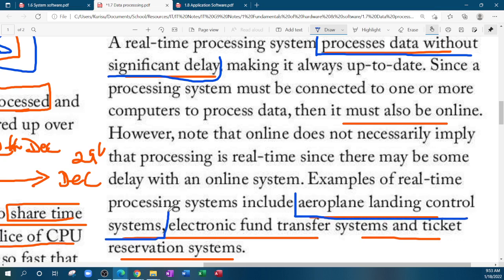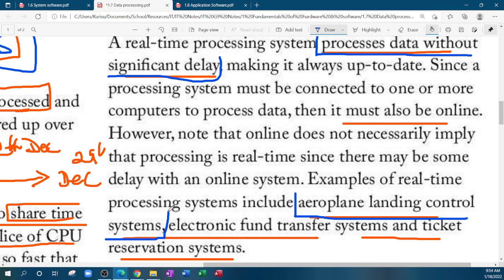Now imagine you're flying a plane and you need to land the plane, and the plane is using a batch processing system, and you want to know if it's safe to land the plane. Do you have to wait? Would it make sense to pile up a set of planes in the sky and say when 5 planes are in the sky, then process the data to know whether you can land the plane or not? No, that's not practical.